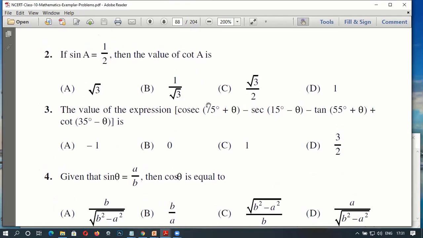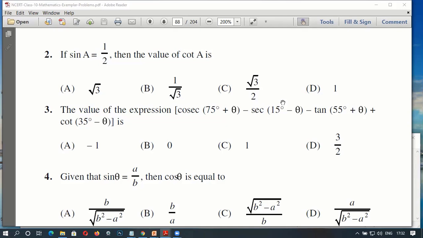What about question 2? Do it fast, question number 2, orally. You can also use the identity: 1 plus cot square is cosec square.